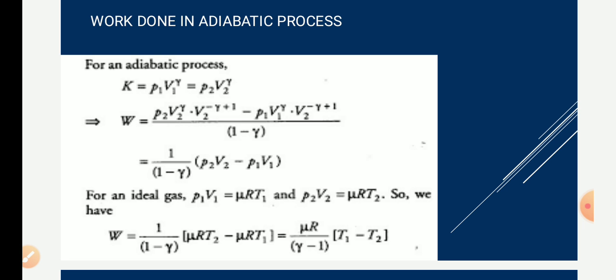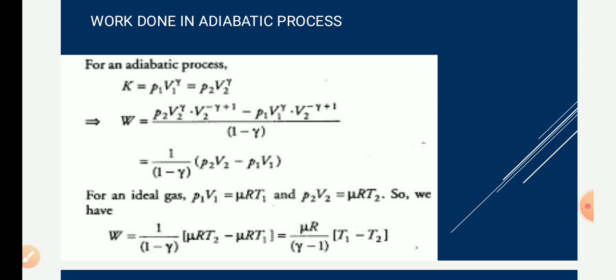From K equals PV to the power of gamma, we can derive the P value: K by V to the power of gamma. By substituting the P value in the work done, W equals integral of PdV, we get P2V2 and P1V1 terms with V to the power of gamma minus 1, over 1 minus gamma. From this we can write 1 by 1 minus gamma times P2V2 minus P1V1.